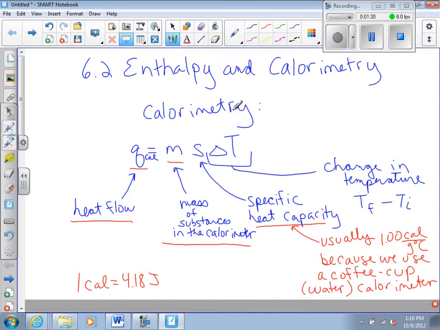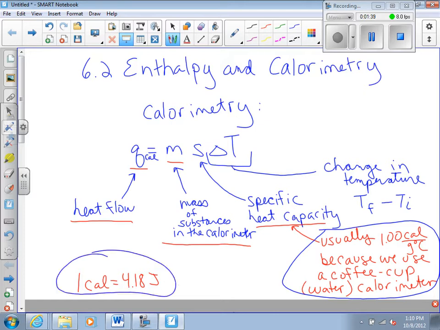Now, usually, we use the value of 1 calorie per gram degree Celsius, or 4.18 joules per gram degree Celsius. Note, 1 calorie is 4.18 joules. And that is the specific heat capacity for water. When we have a solution in our calorimeters, we usually assume that that solution has the same specific heat capacity as pure water.